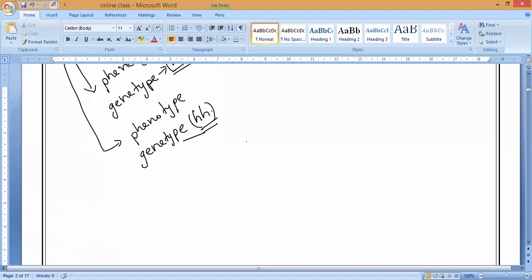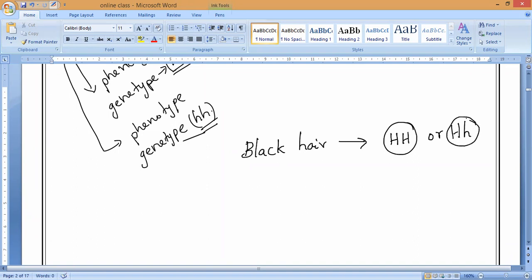Everybody needs to remember that, so please all of you write. Black hair, what is the genotype? Black hair has a genotype of either capital H and capital H, or capital H and small h. Now, in the same way, blonde hair or pale yellow hair has the genotype small h and small h.